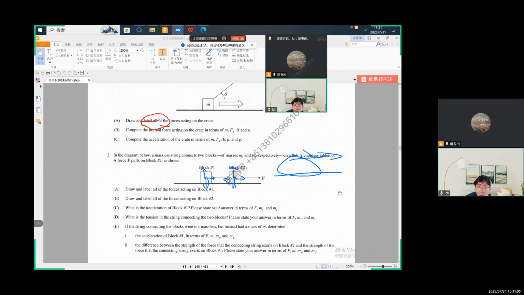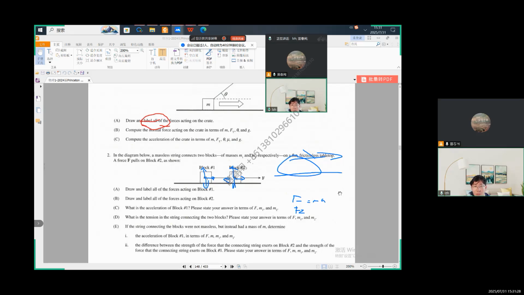Acceleration. I think we can do F equals ma. So force equals mass times acceleration. So block 1 is basically, let me see.